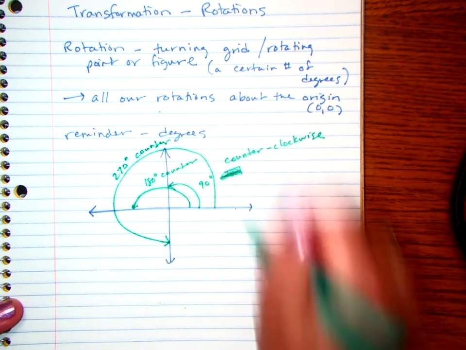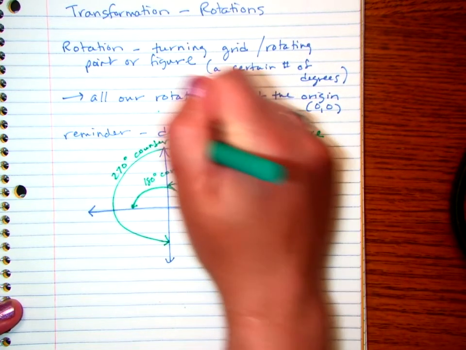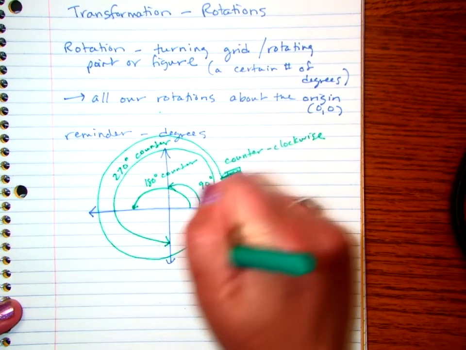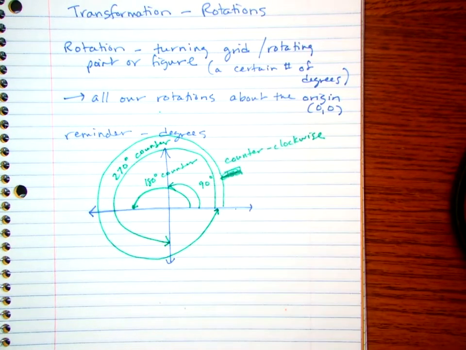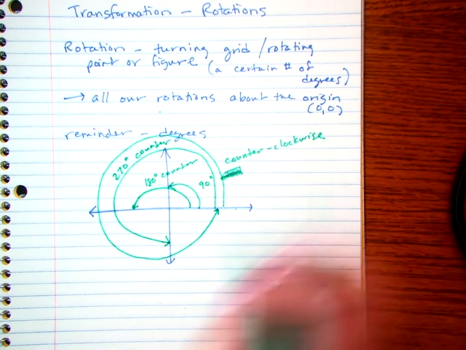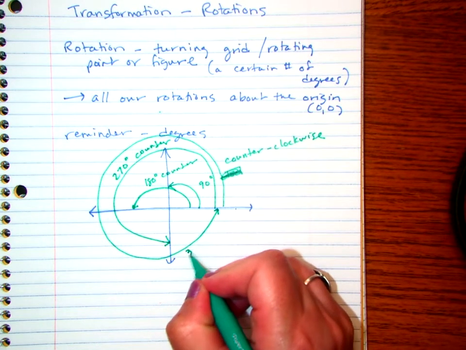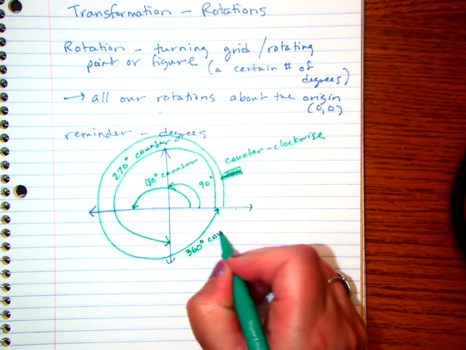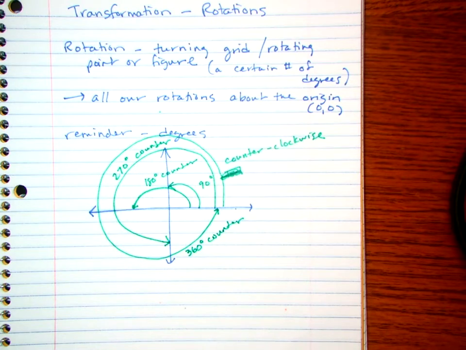We could list the last one, which I will, but there's not a whole lot of point because it's a full circle, so you're just back at the same point if you go 360 degrees. So that's how it goes counterclockwise.